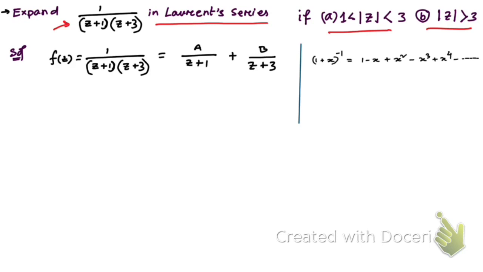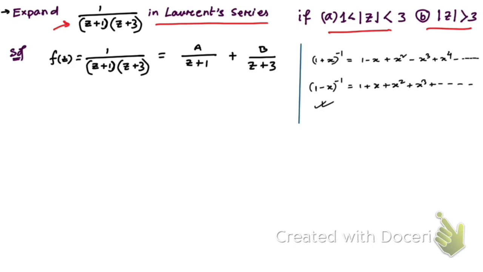Again, 1 minus x whole to the power minus 1 is going to be 1 plus x plus x square plus x cube plus dot dot dot, and so on. You must know these two results.